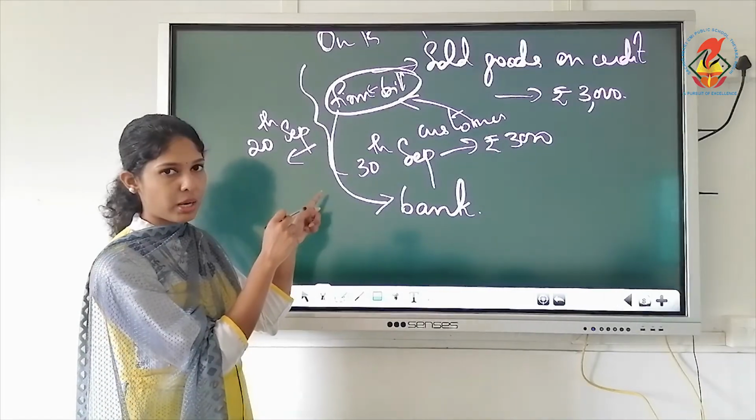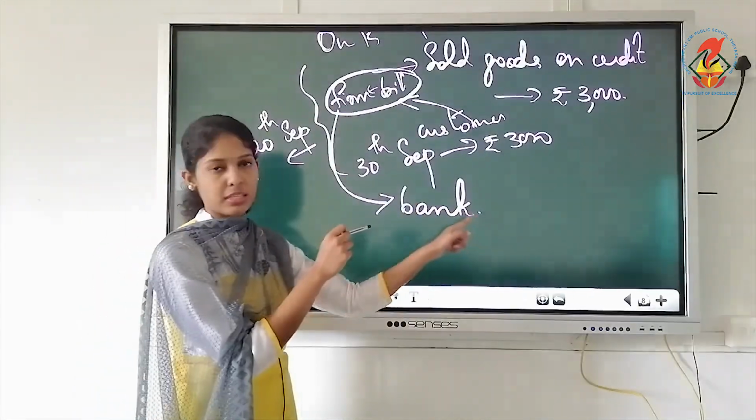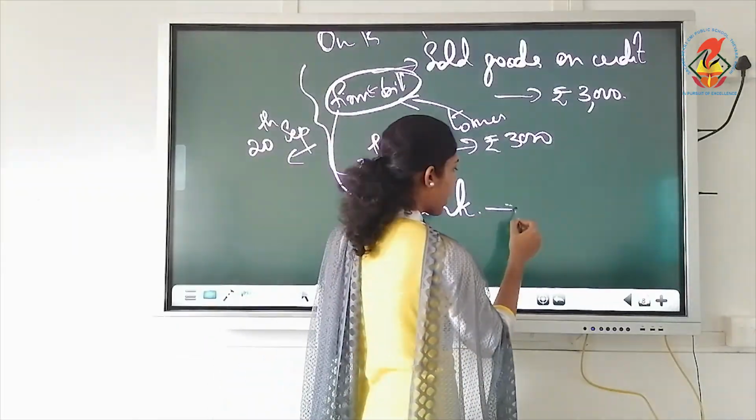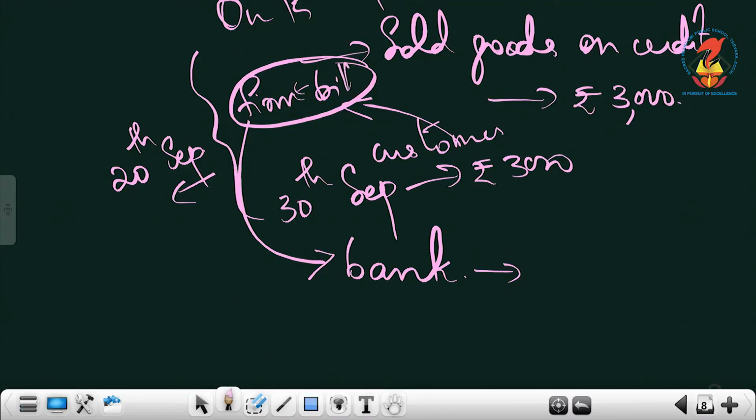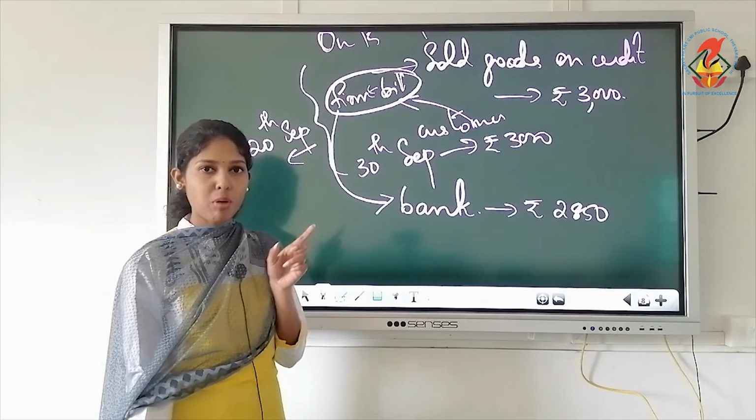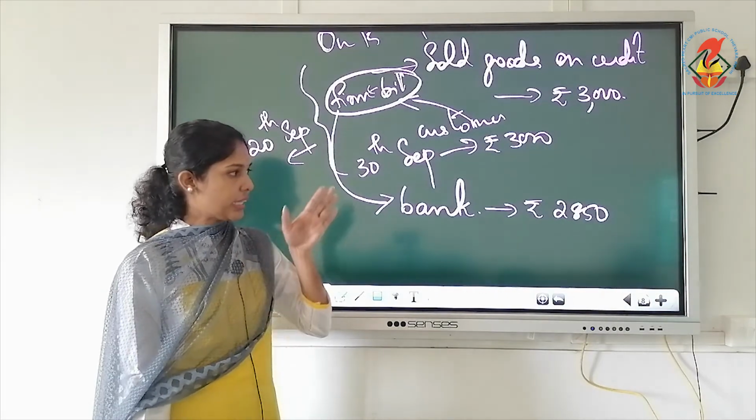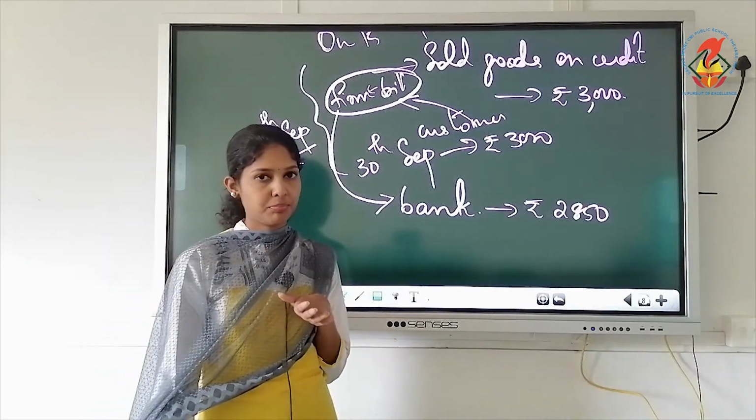When you are in need of money, you took the bill to the bank. And bank will give us not full amount of 3000. Like in this example, the bank gave you an amount of 2850. This is called bill discounting.